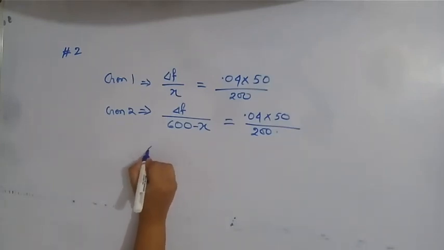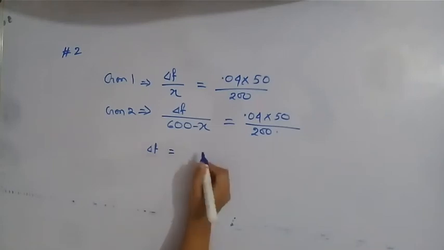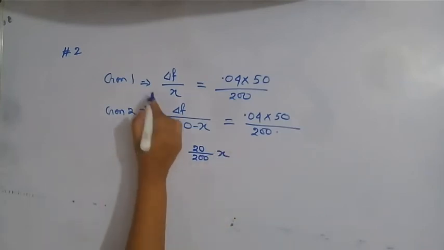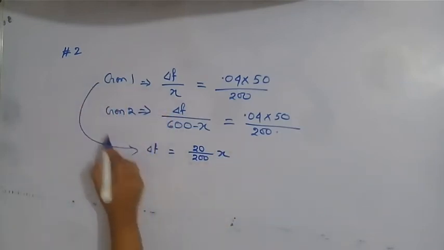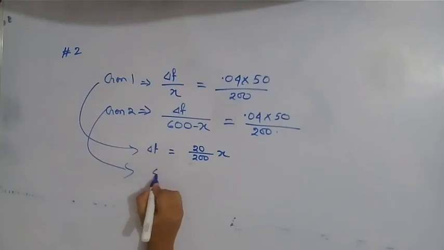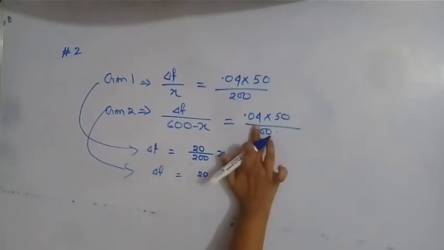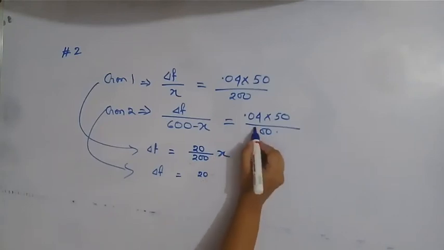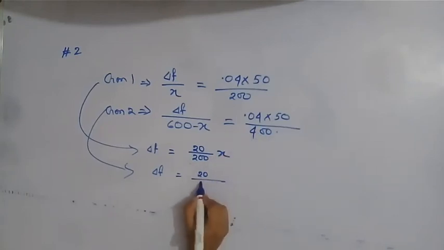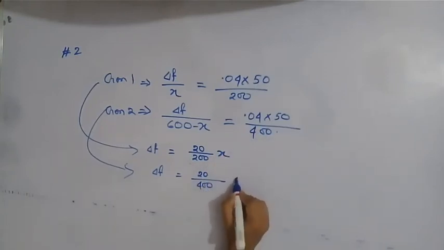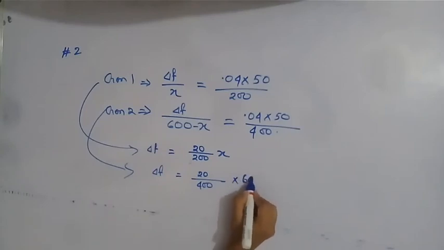From here we can write delta F is equal to 20 by 200 into X, and delta F is equal to 20 by 400, rating of generator 2, into 600 minus X.